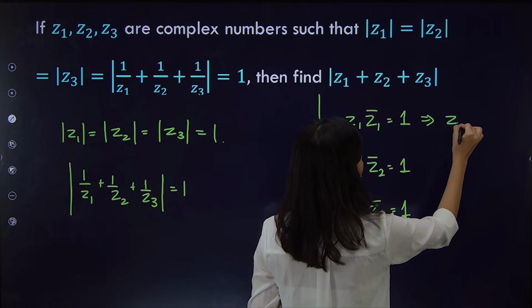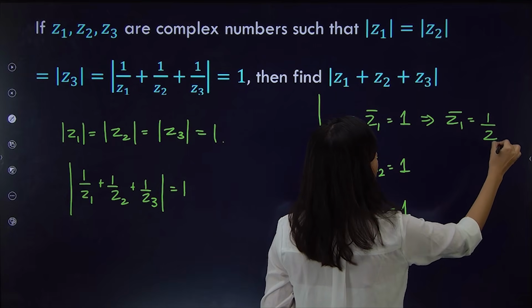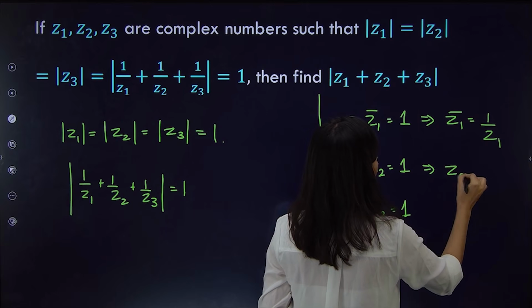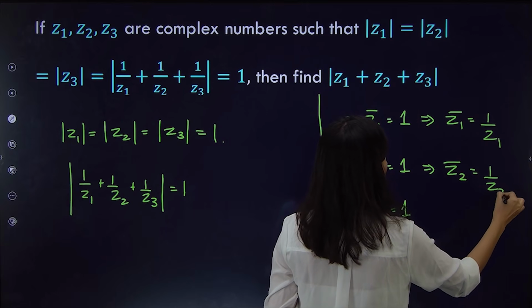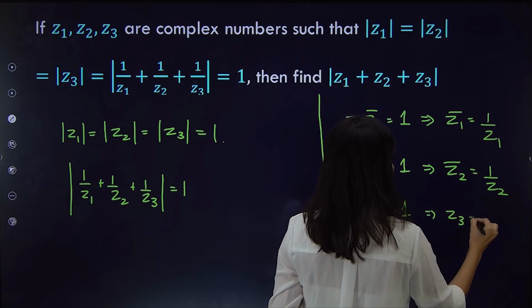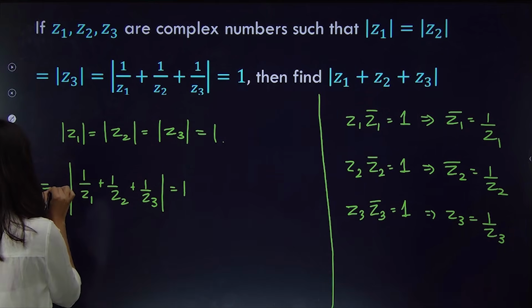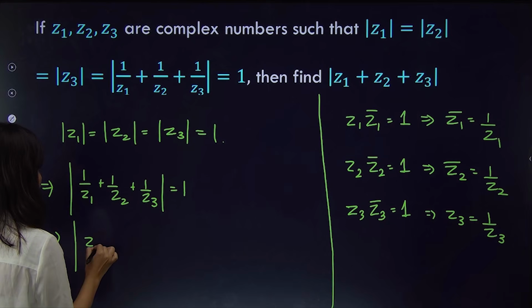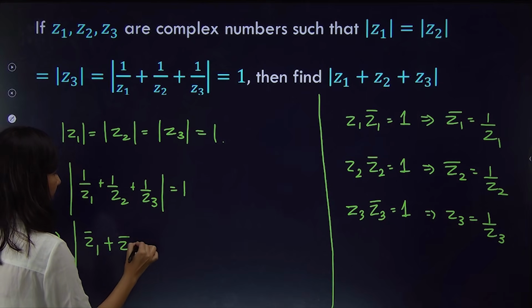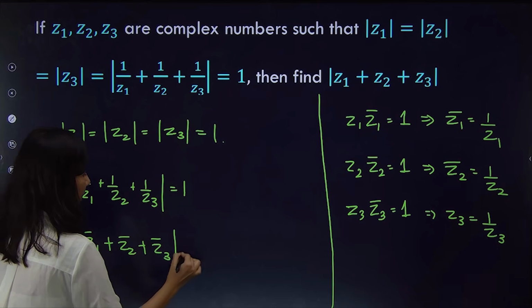So z1 bar plus z2 bar plus z3 bar is equal to 1.